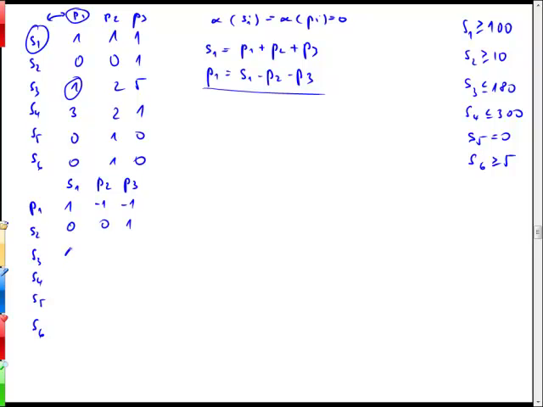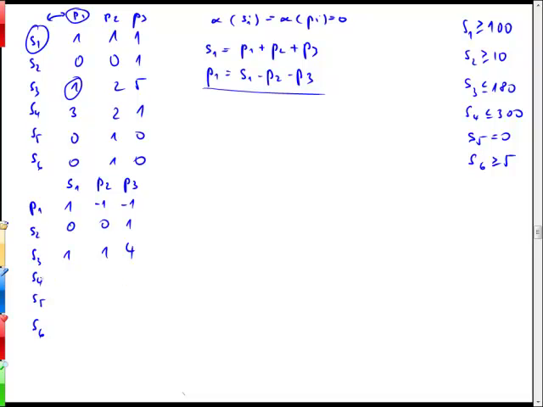For S3, I have the first row plus 1 times the third row. So, sorry, S3 is P1 plus P2 plus P3, 1 minus 1 minus 1. Yeah, so I have here 1, 1, 4.